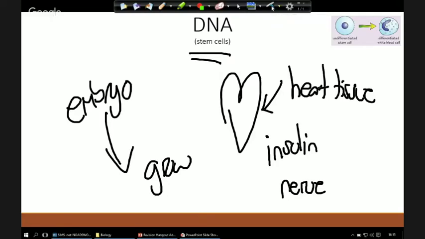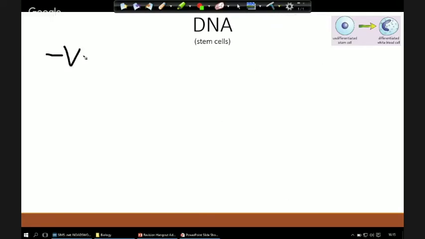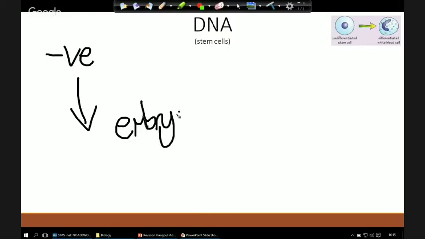But there are some negatives, and you need to be able to argue these in the exam. Specifically, we're taking these stem cells from embryos. And so people will argue that they shouldn't be used for any kind of medical research because potentially they're a human life and you're destroying them in the process.